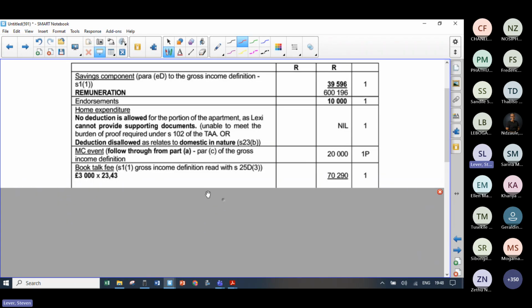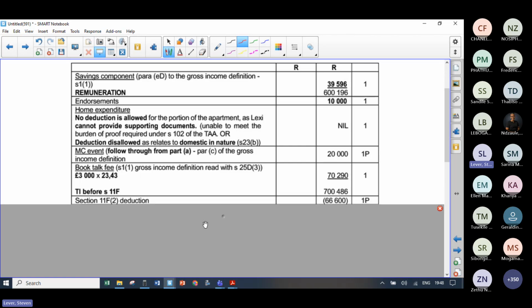Whenever you've got foreign income, ask yourself, is it income or is it an expense? If it is income, choose the lower rate. If it is an expense, choose the bigger rate, because you want a bigger deduction and a smaller income. That's how you do it for foreign amounts, and that's why they always give you a spot and an average rate in an exam question. Okay, so that's just there.